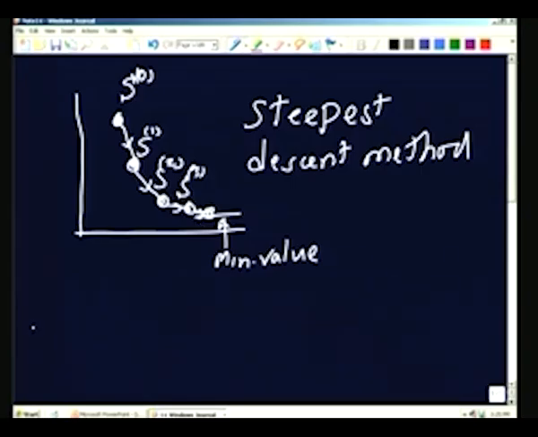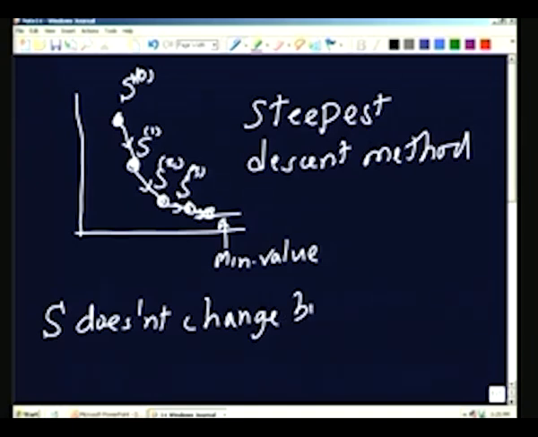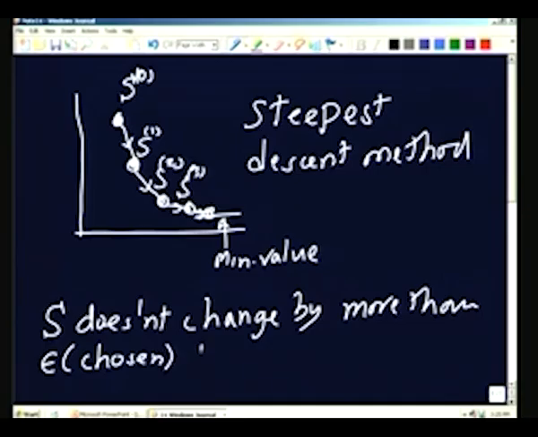For example, if S does not change by more than some epsilon chosen by us, then stop.